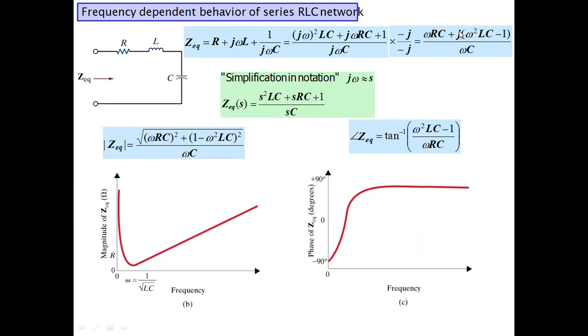So if you are multiplying this j, you are supposed to multiply the whole. So your equation will become s square LC, because you are taking here j square omega square. So you will get here s square. You will get s RC, because you are multiplying this value also with j.